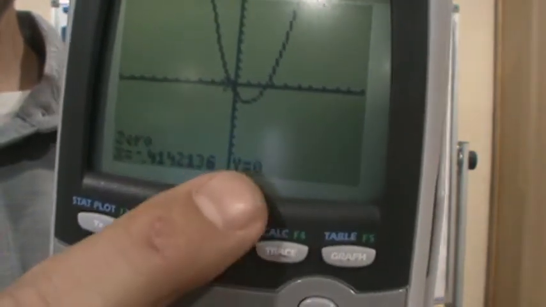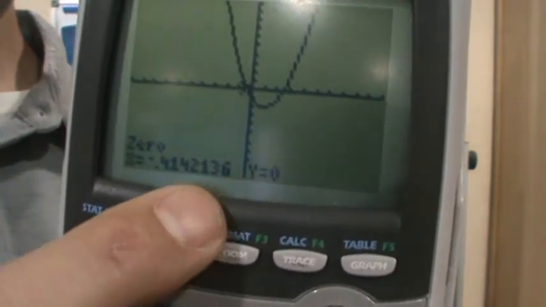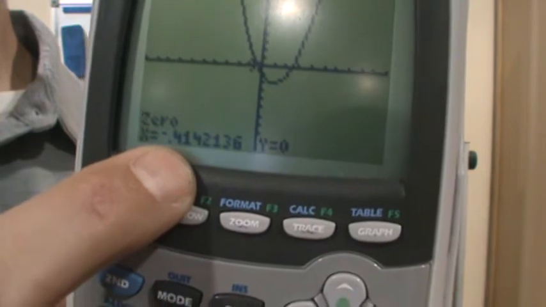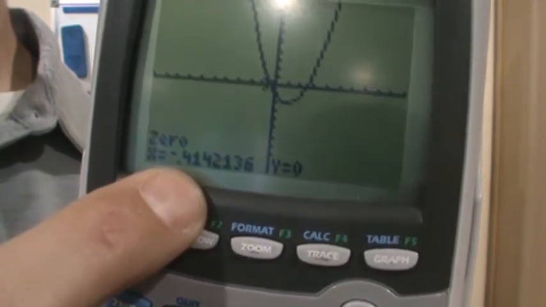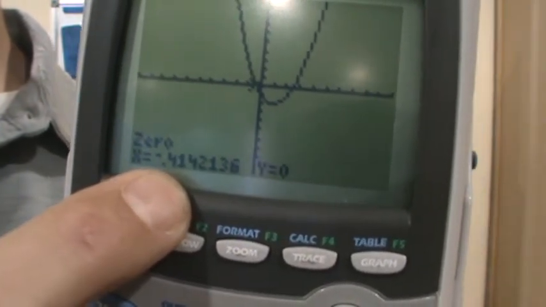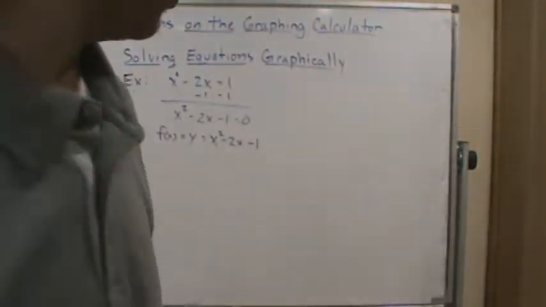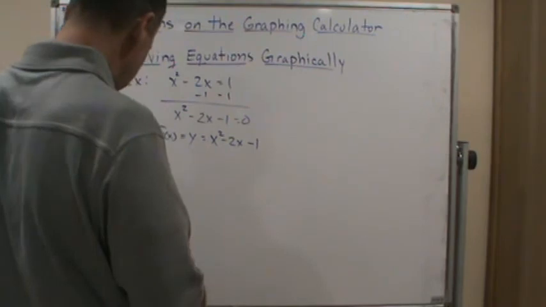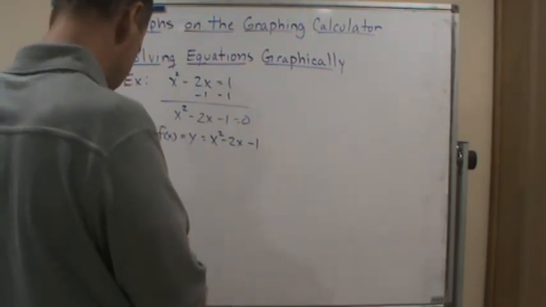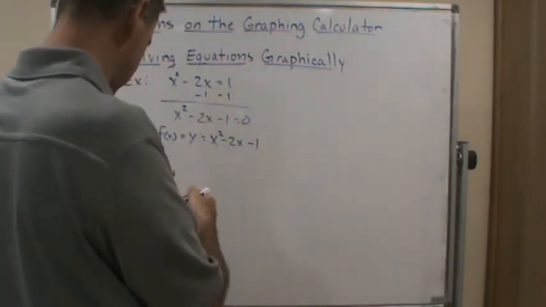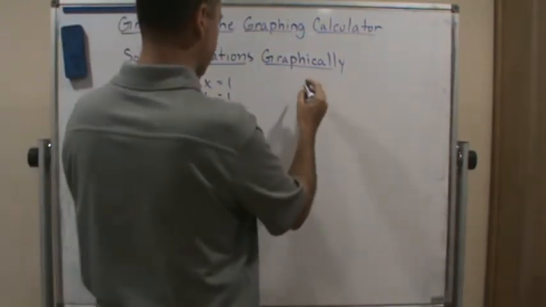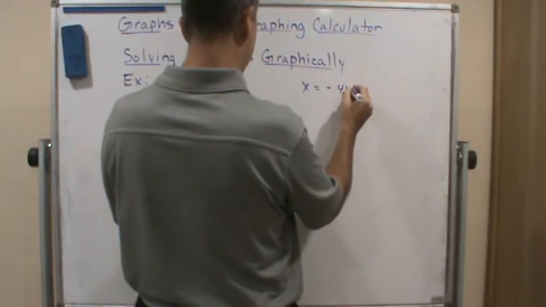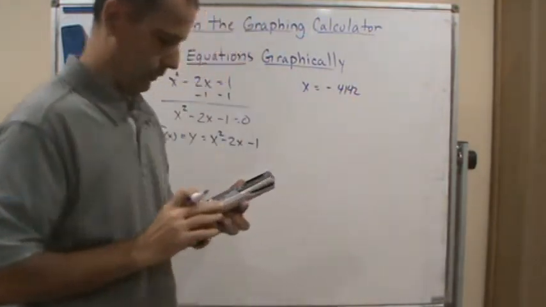Well, when y is equal to 0, x is approximately negative 0.4142. Okay, so I'm going to write that down. So one of my zeros is x equals negative 0.4142. Okay?